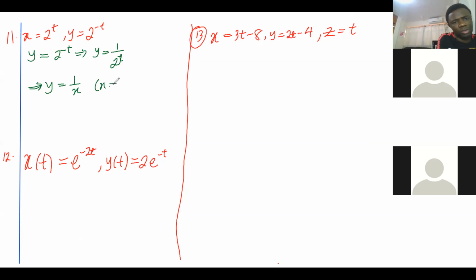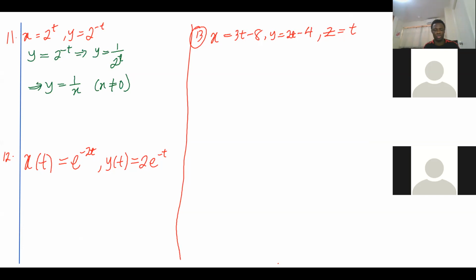And of course, you put the condition here, X is not equal to 0. Nakita, can you do that? That's X equal to 0, Y is not defined. Yeah, so it doesn't pass through the origin basically.